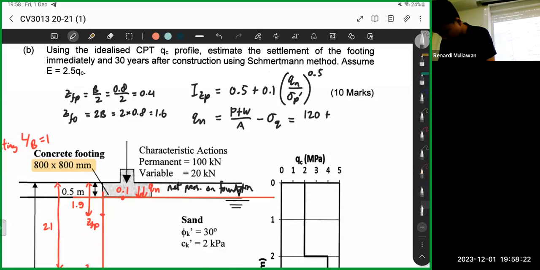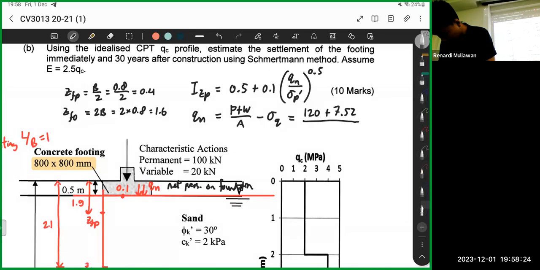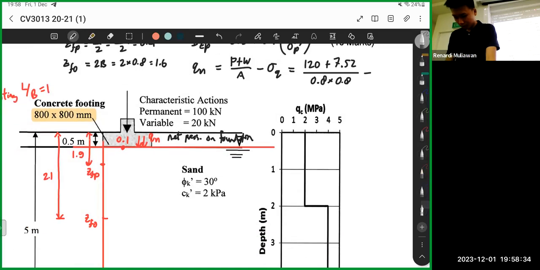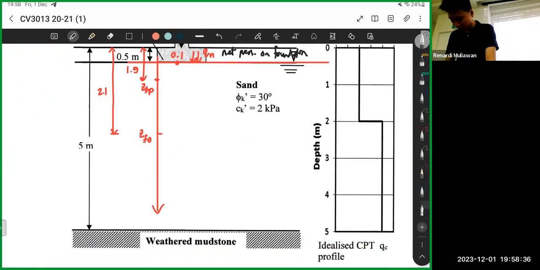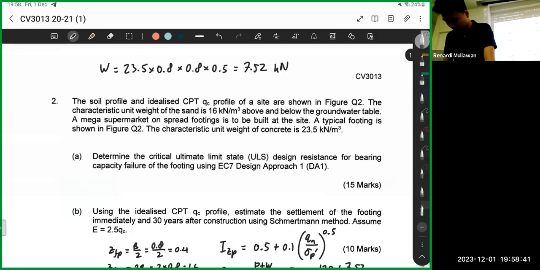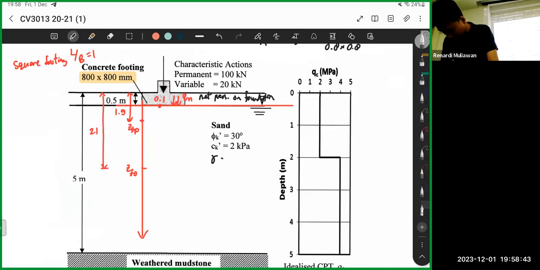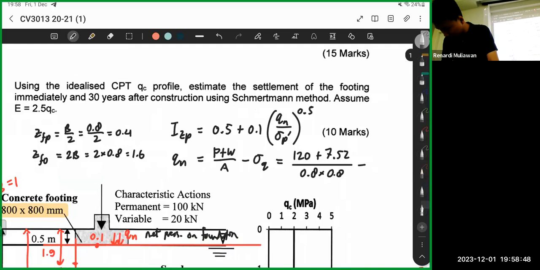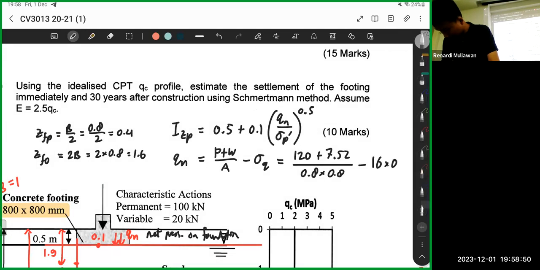So 7.52 divided by area, which is 0.8 times 0.8, minus gamma, which is given as 16, so minus 16 times 0.5. Okay, so this one is the net bearing pressure.